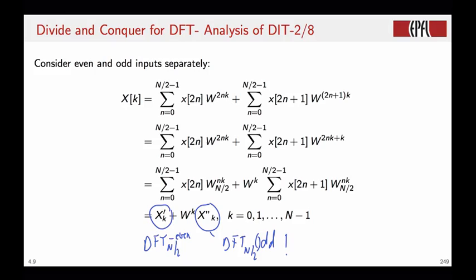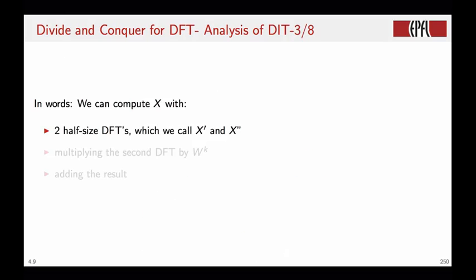So this is exactly this divide of the problem into two subproblems. In words, we can compute X, the DFT of small x, with two half-size DFTs, which we have called X' and X''. Multiply the second DFT by W^k, k going from 0 to N/2 minus 1, and adding the results.